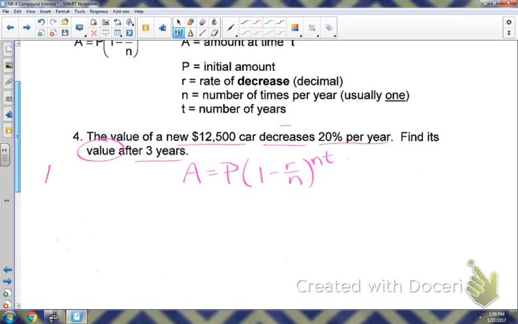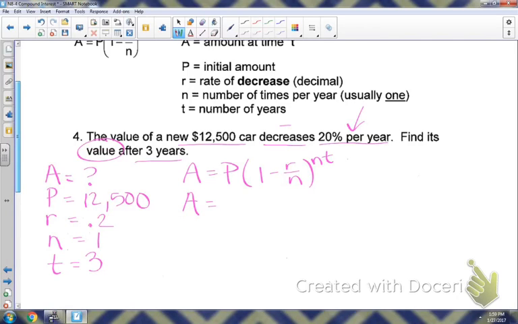Okay? So I'm going to write my variables. A is your final amount. We don't know that. We know the starting price of the car was $12,500. The rate that it's decreasing by is 20%, so that would be 0.2 in decimal. And it says n, which is the number of times per year. Notice it says 20% per year, so that n would just be 1, and then your time is over a 3-year period.